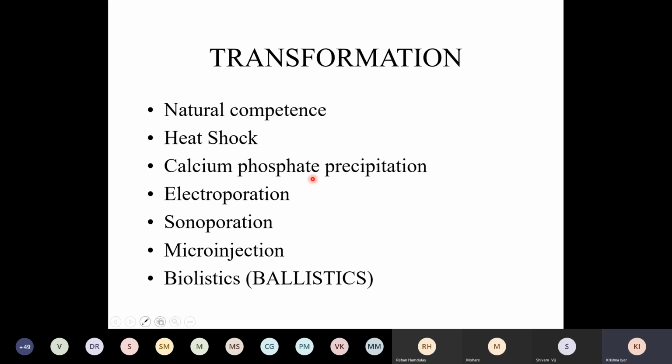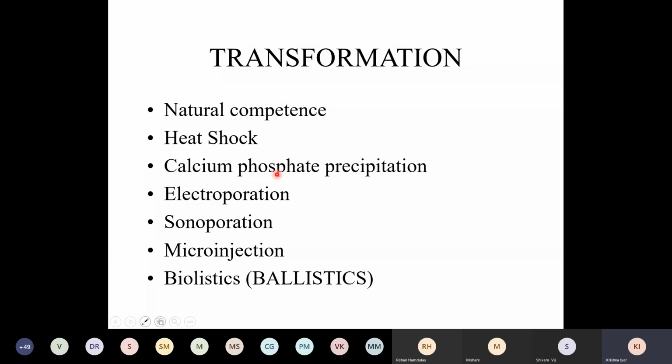Sometimes people use calcium phosphate precipitation. Remember, calcium is a divalent cation. It has a lot of affinity for DNA, which has phosphate as a backbone. DNA tends to form a little precipitate on calcium phosphate, or what we call a chalk variant.